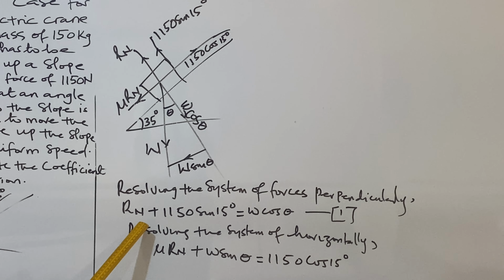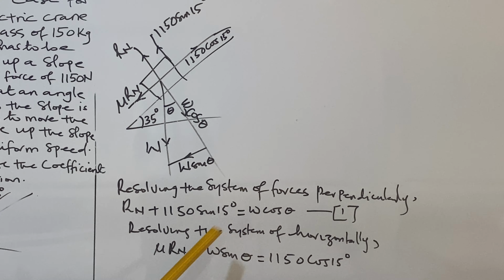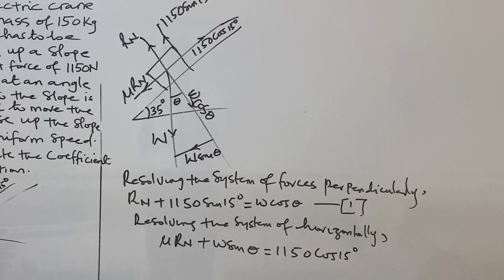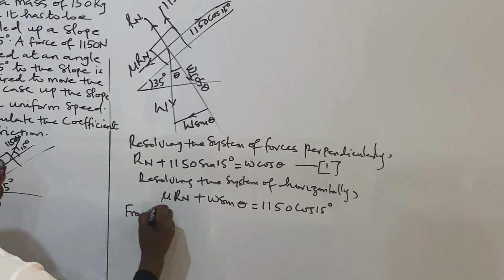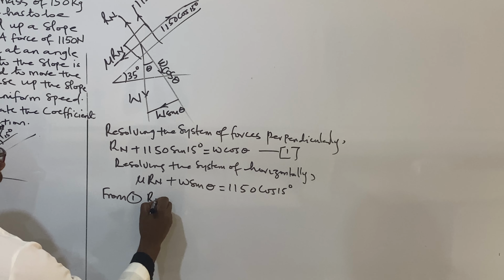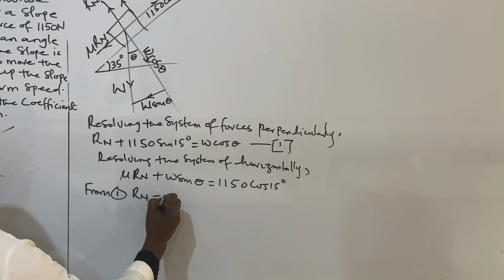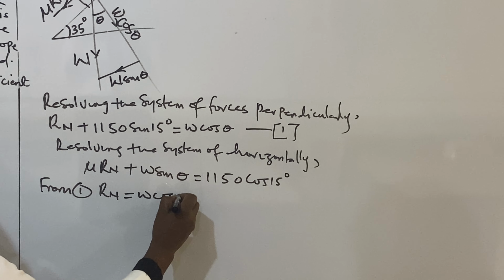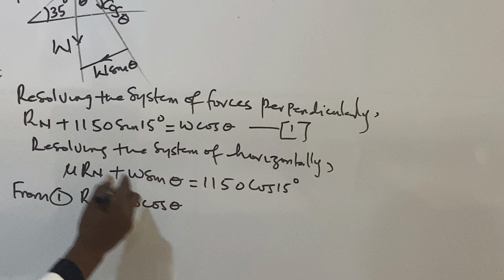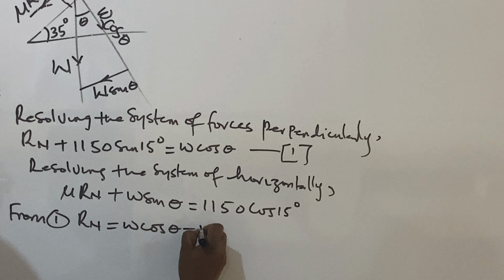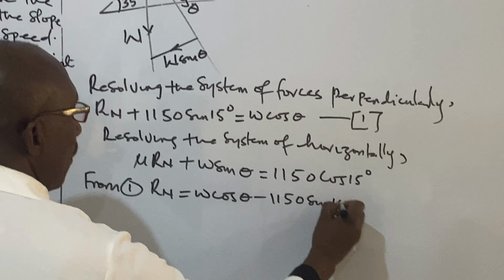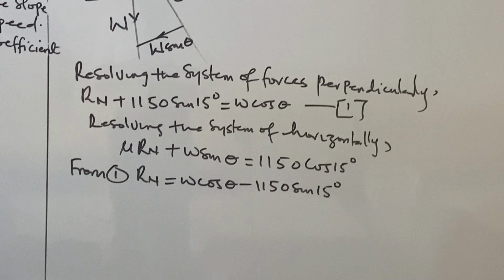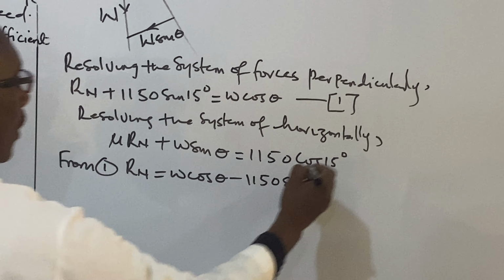Now supposing we want to make Rn the subject of equation 1. So from 1, we have Rn, that's the normal reaction, is equal to W cos theta minus 1150 sine 15 degrees.